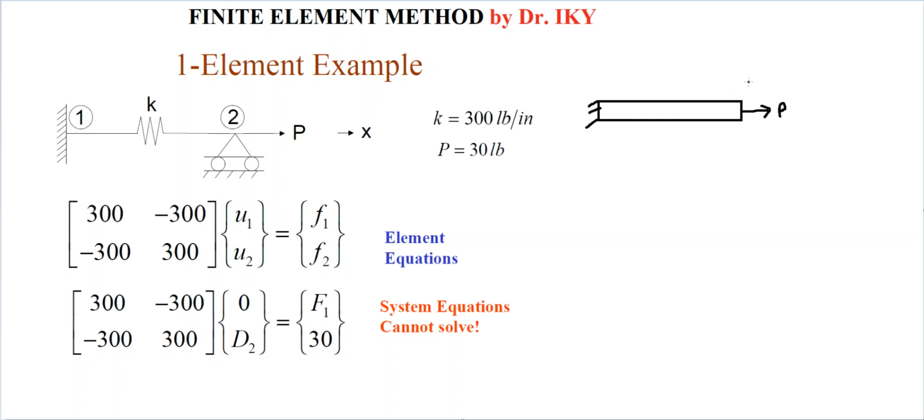And we have only one axis, the x-axis, that's it. And the stiffness of the material, which is K, is given here.